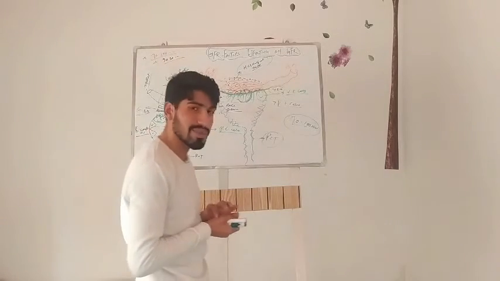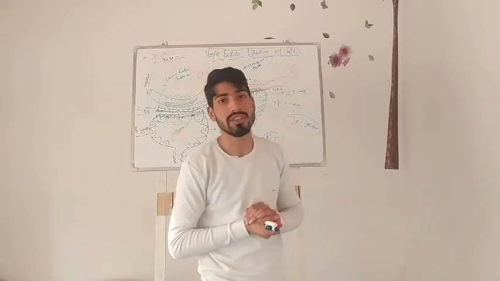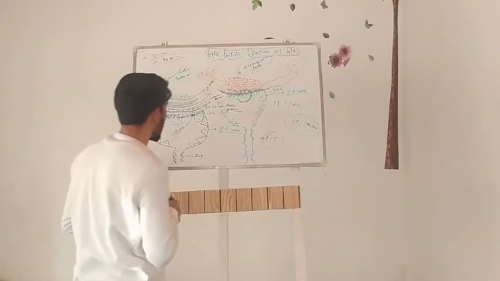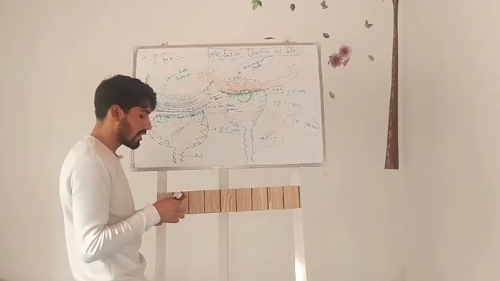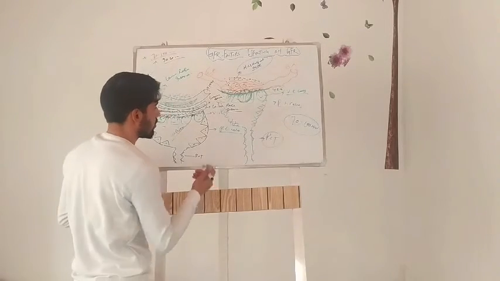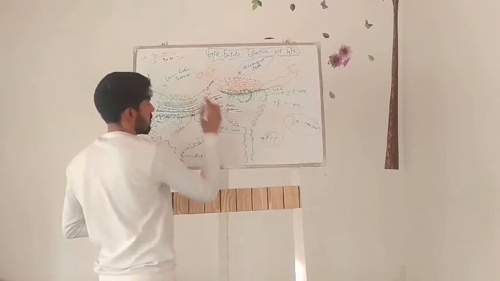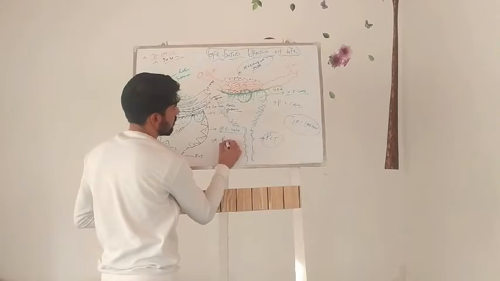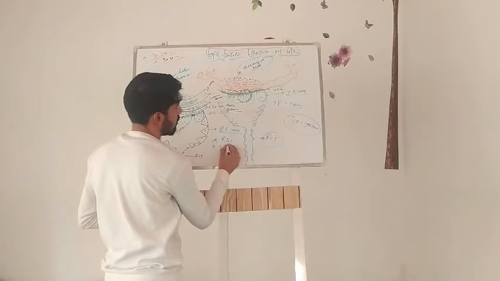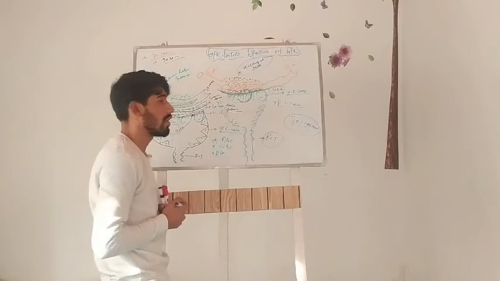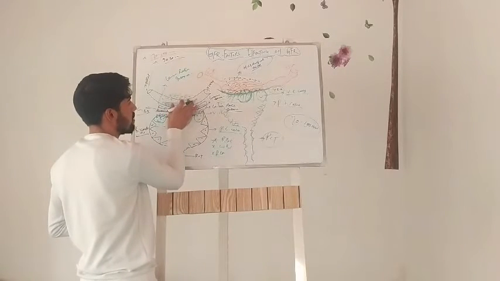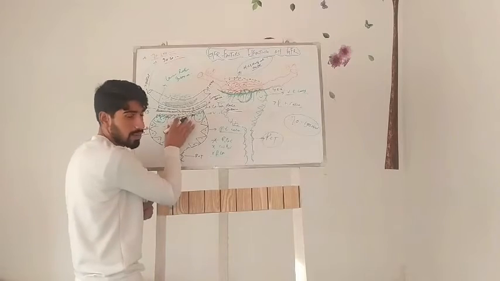Cells like RBCs, WBCs, and platelets cannot pass this space and come to this side, because they are larger than this. The RBCs, WBCs, or platelets cannot pass these capillaries and come into Bowman's capsule.